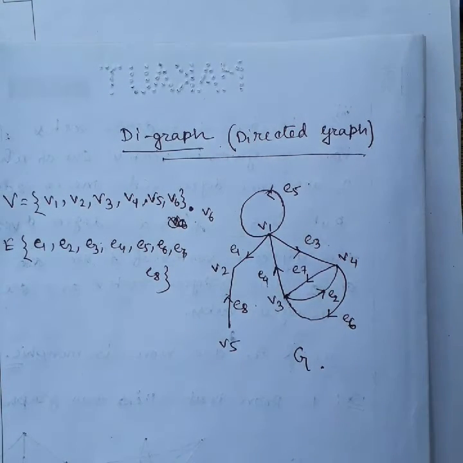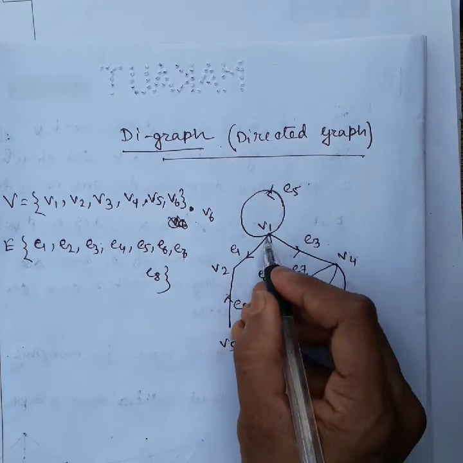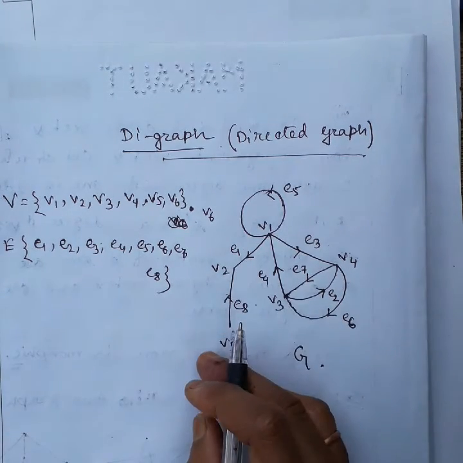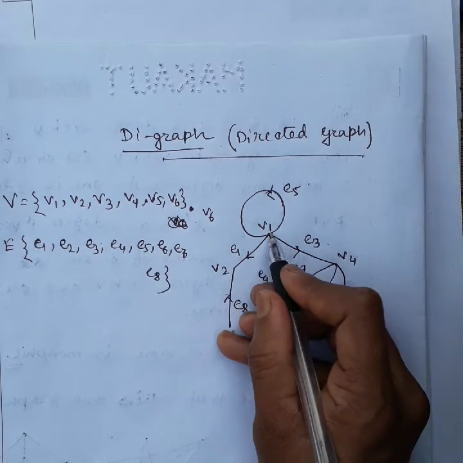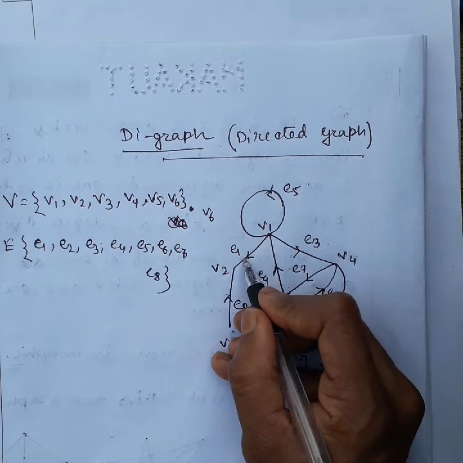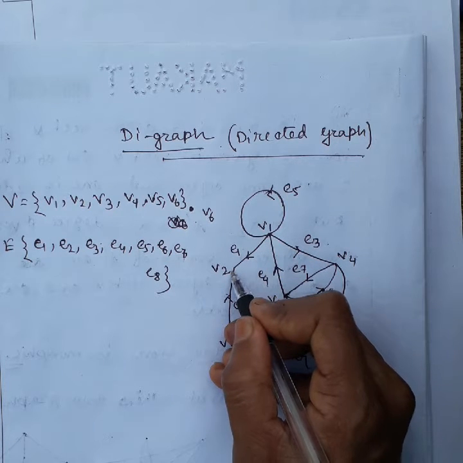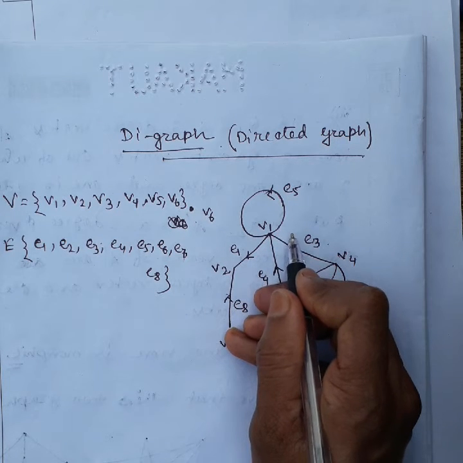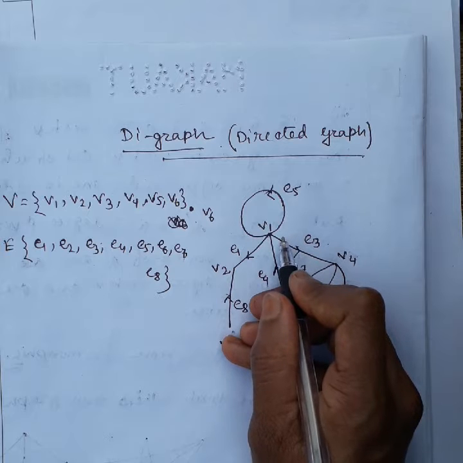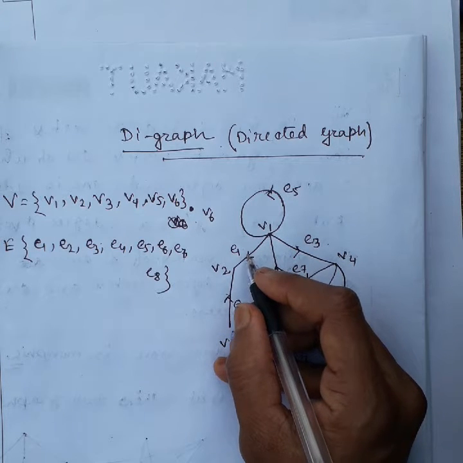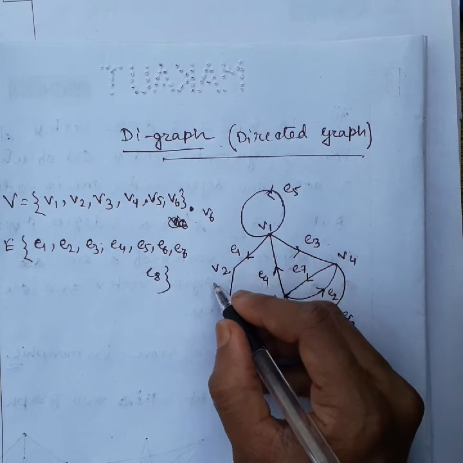Here the edge E1 corresponds to the ordered pair V1 and V2, but not V2 to V1. E1 corresponds to V1 and V2 with the direction towards V2, that means it's an ordered pair of V1 and V2, not V2 to V1. Here the arrow sign is towards V2.